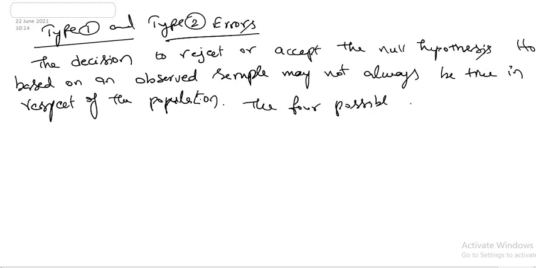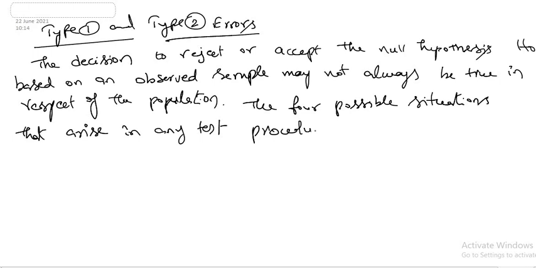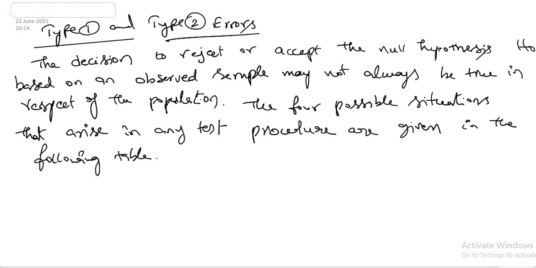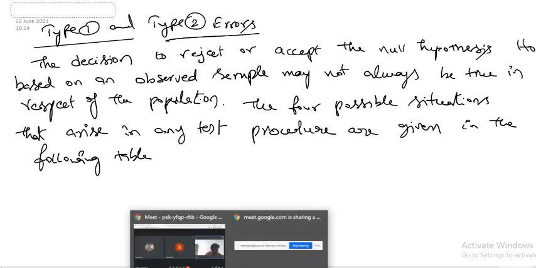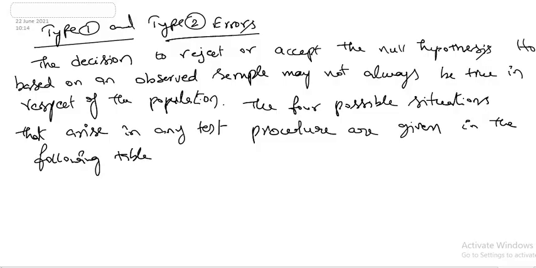The four possible situations that arise in any test procedure are given in the following table.